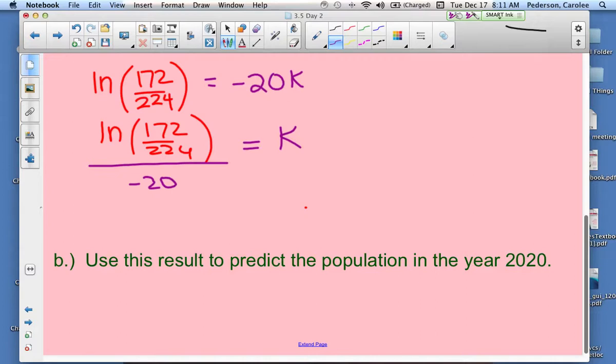Now I take my calculator. Be very careful when you use your calculator. So I want to take the natural log of 172 divided by 224. Finish off that parentheses. What you get in the red is negative 0.26415. And then we want to divide that by negative 20.